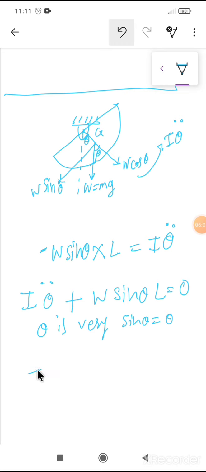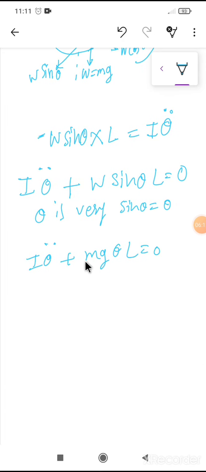So I theta double dot plus W, which is m into g, into theta into L, is equal to 0. Let's divide the whole equation by I: theta double dot plus mgL upon I, theta is equal to 0.